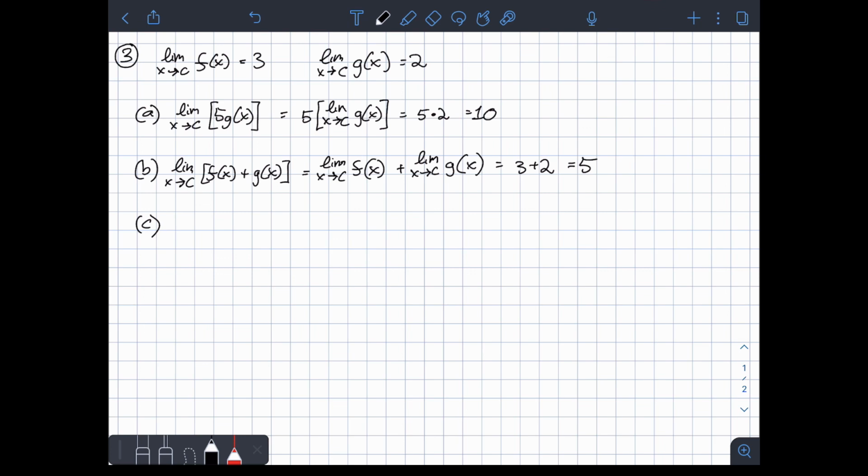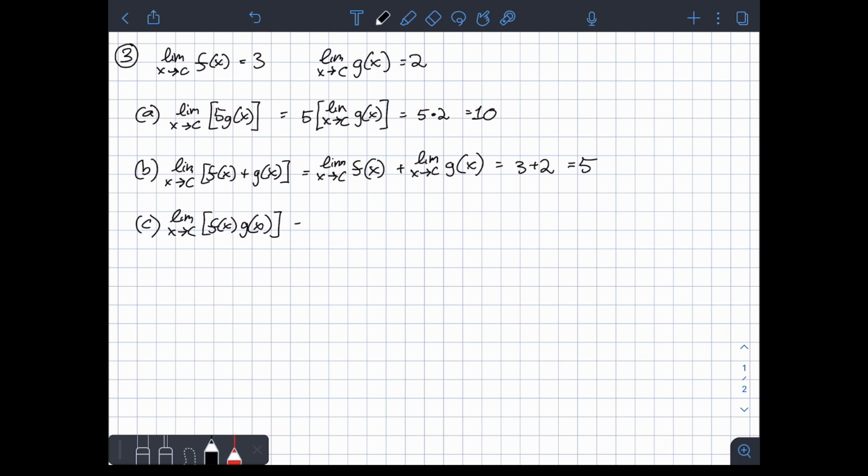There's the multiplication rule. So we have the limit as x approaches c of f of x times g of x. It doesn't matter what the actual functions are. Just looking for limits here, and we were given the limit values at c.